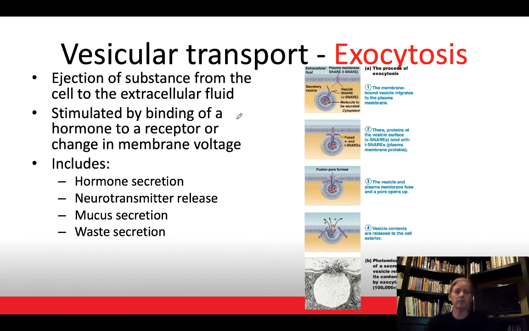Okay, and then on the other side of things, we have the other half of vesicular transport. This is called exocytosis. So exo we can think of as exiting, and so this is basically the way cells are able to eject substances from inside the cell to the outside of the cell.